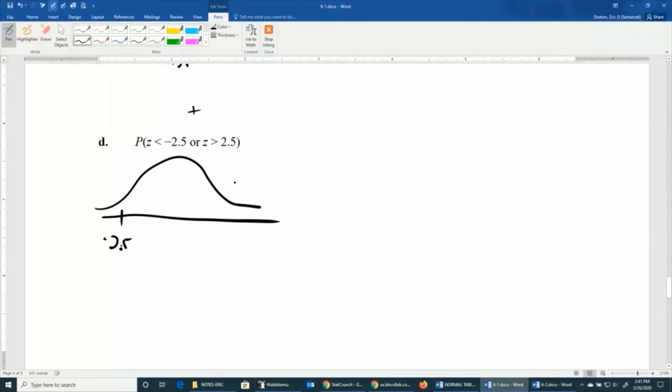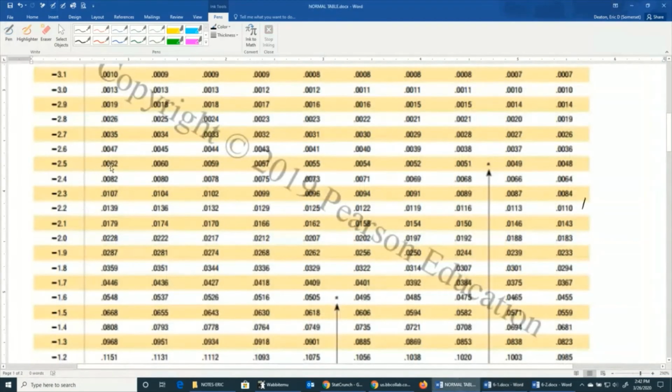So greater than 2.5 is way over here. So we need these two areas. So what I would do is I would use the table value of negative 2.5, which is that value right there, 0.0062.